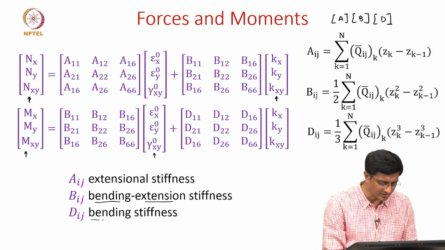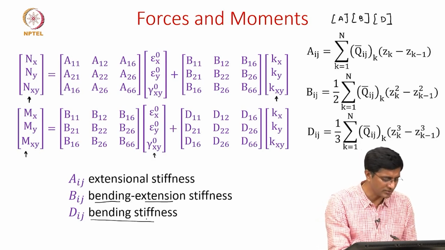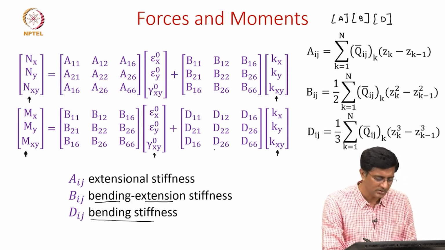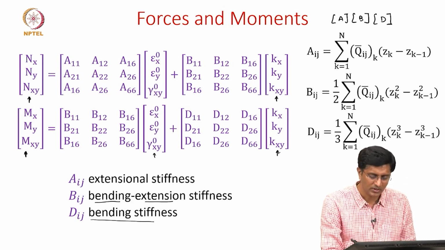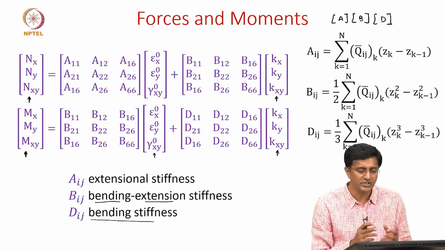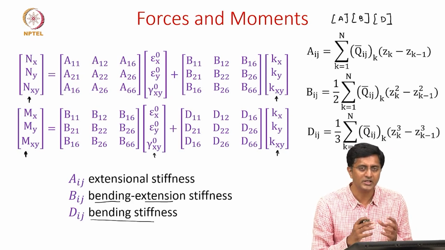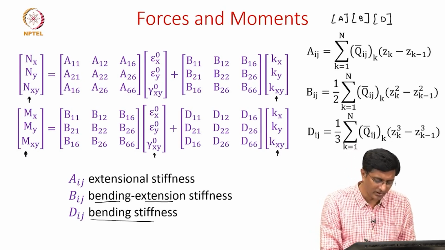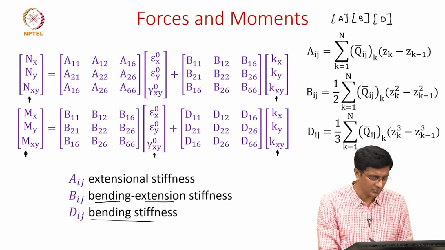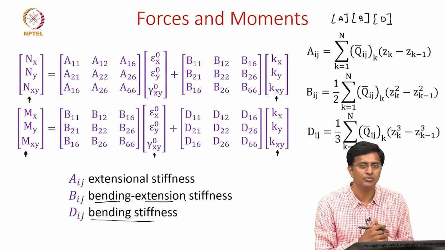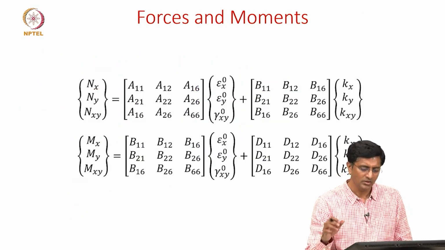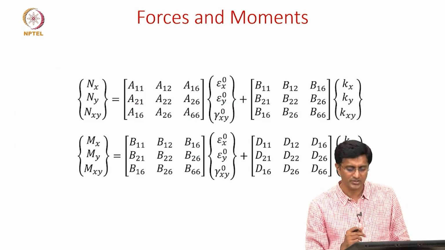And lastly, the D matrix is the bending stiffness matrix, because it connects the moments with the curvatures. So each of these matrices A, B, and D has a physical interpretation. Usually for isotropic materials, we don't have this bending extension stiffness coupling. So this is a coupling which is new for these laminates. Now let's see what else we can learn from these ABD matrices.